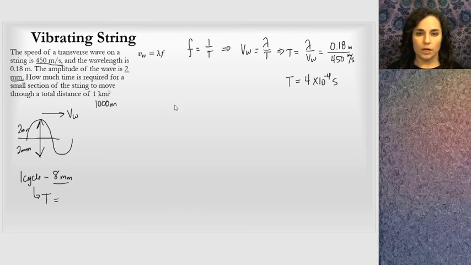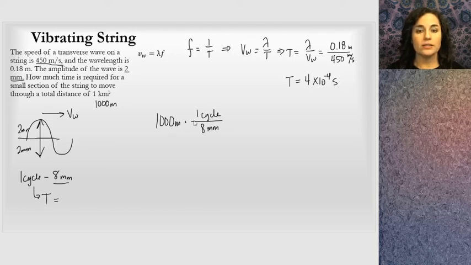So I will convert. I'm going to do sort of like unit conversion here. I'm going to start out with 1,000 meters. That's how far I want to go. And I know that one cycle takes 8 millimeters.